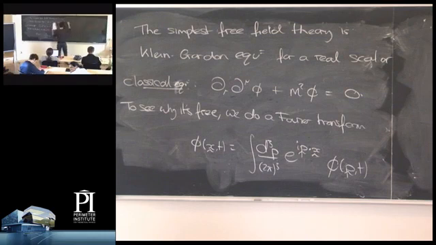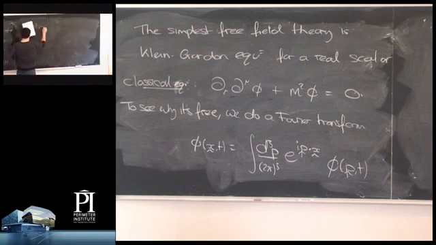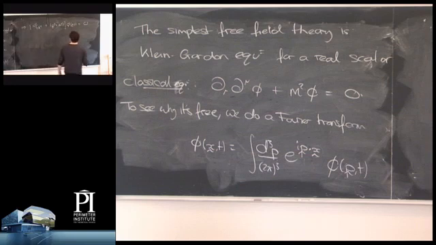Okay, so we take this and plug it into the Klein-Gordon equation. What we get is an equation for phi of p that doesn't depend on any of the other phi of p's.